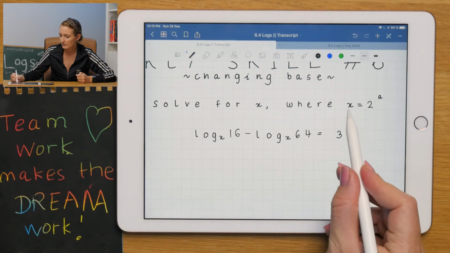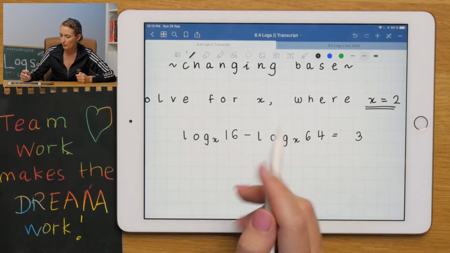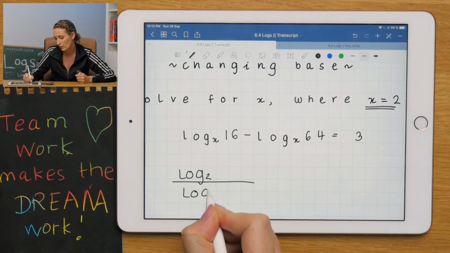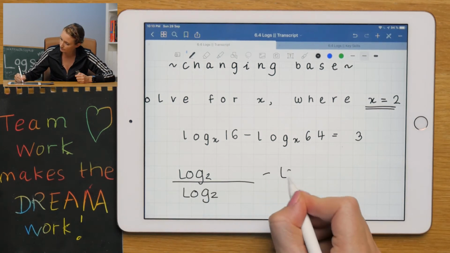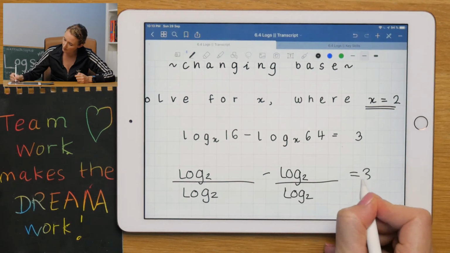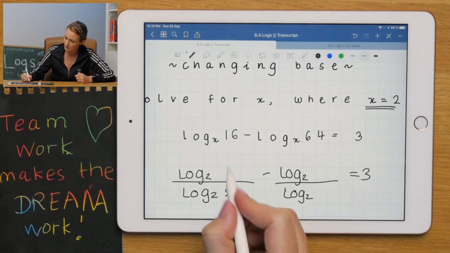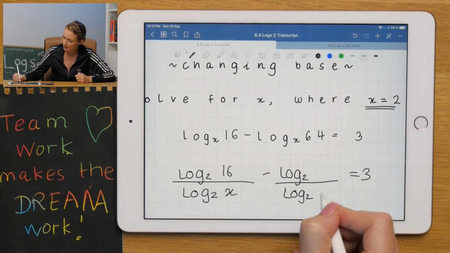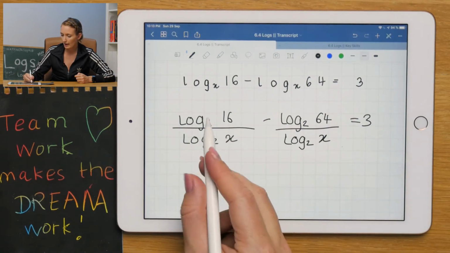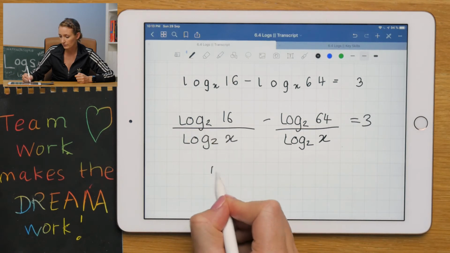Let's have a look here. We're told that x is a power of 2, so I would probably want both of these to be log 2. So x would go down and 16 up. Here x would go down and 64 up. This is going to be 4.